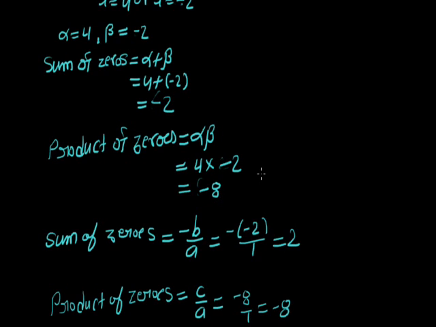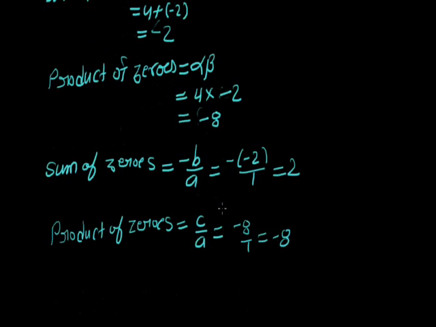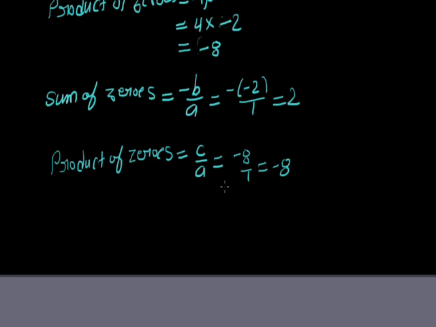Now if we compare, the sum of the zeros by the factorization method is 2 and the product of zeros is minus 8. So our relation is true. So we have verified. Relation is verified.